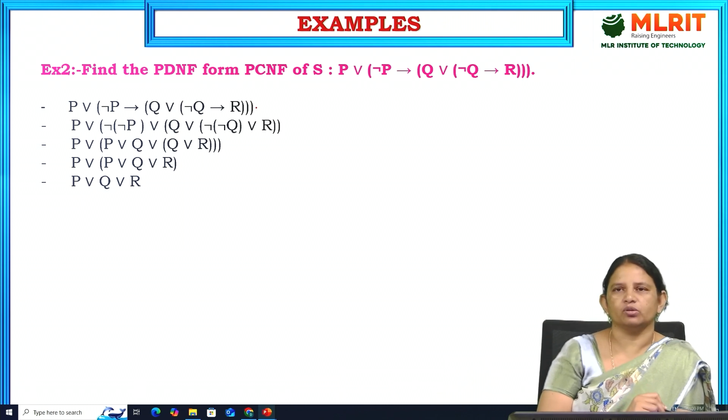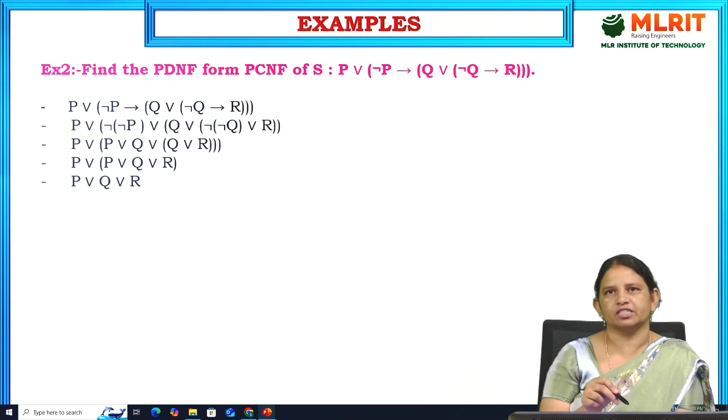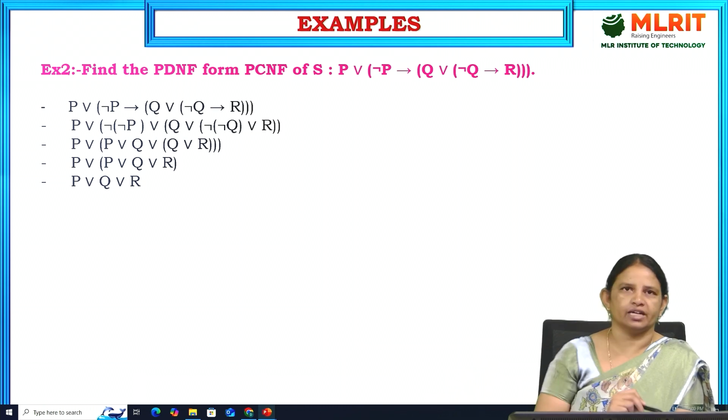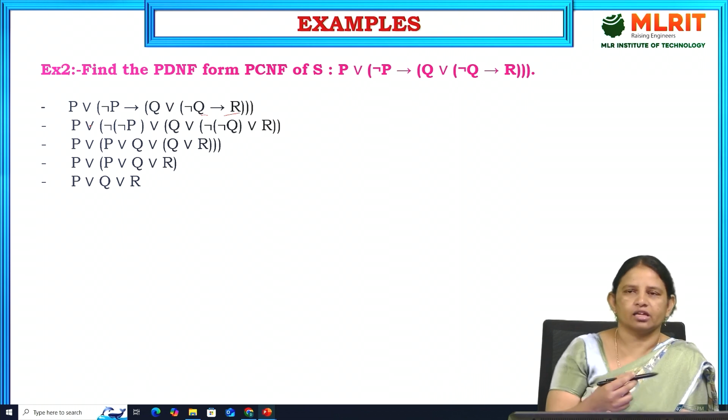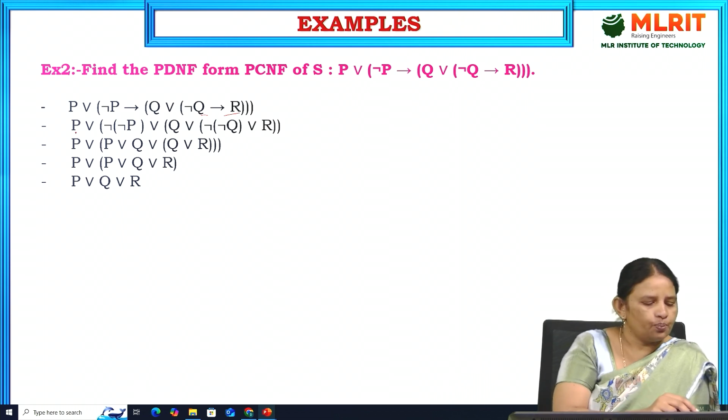First we need to give preference to the conditional as well as biconditional. If one or more conditional statements are present in the statement formula, then we need to give priority to the innermost conditional statement. We need to remove the conditional statement, or otherwise you can apply it repeatedly.